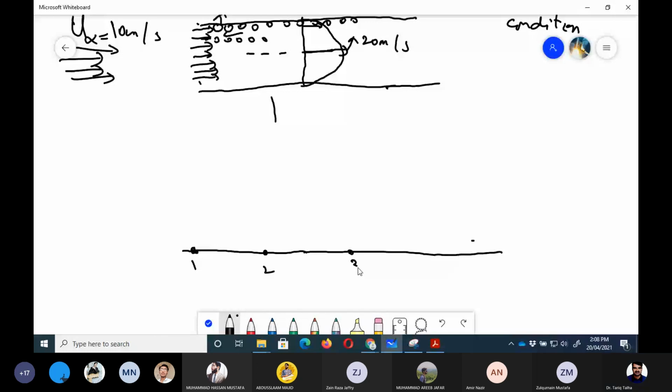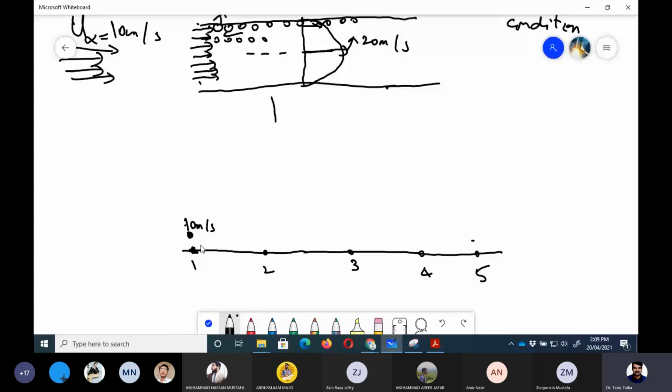So first of all, we say that at 1, the velocity of the molecule which is in the second layer is 10 meter per second, because it has just entered the pipe. But from 1 to 2, there would be a kind of drag force on this molecule due to those molecules which are on this pipe surface.